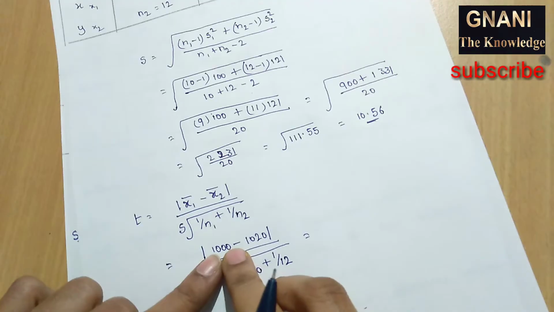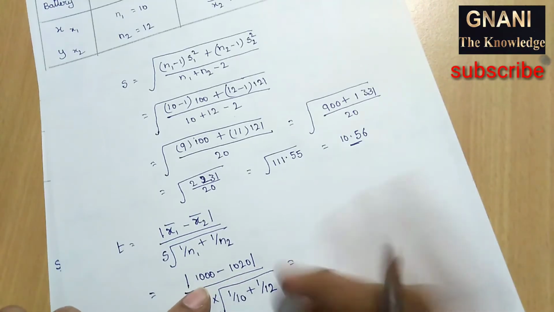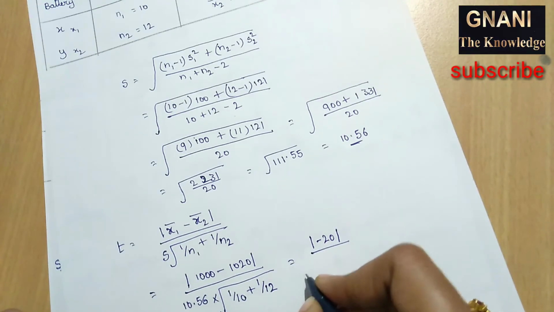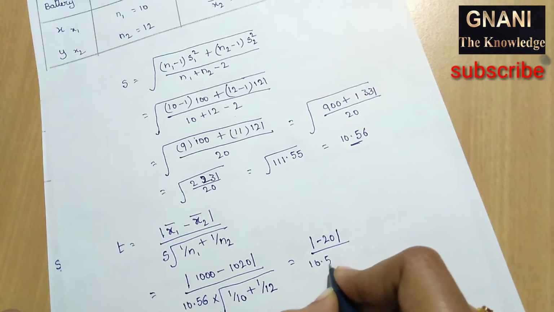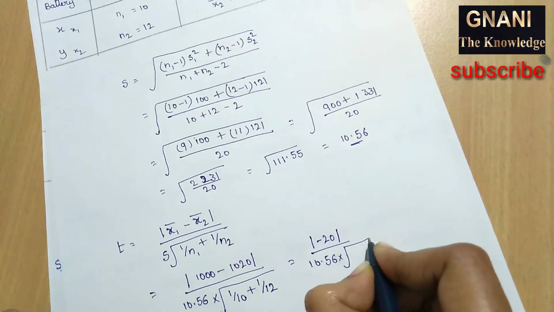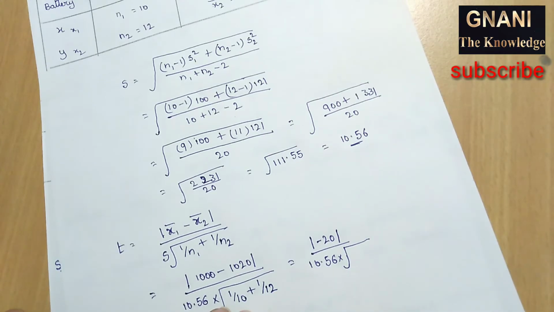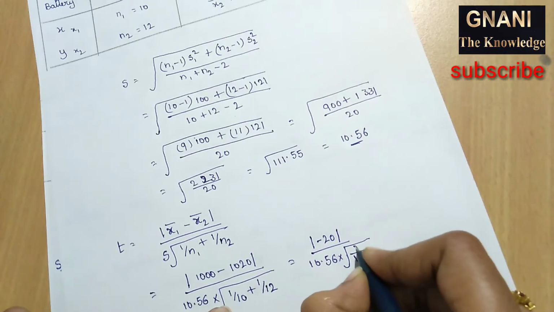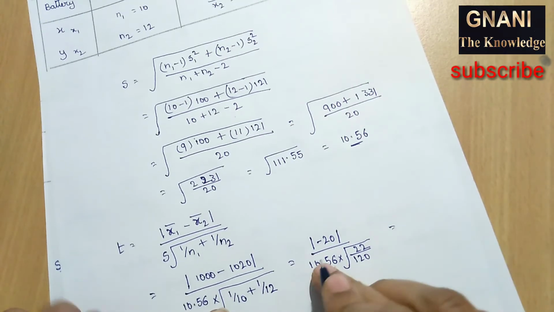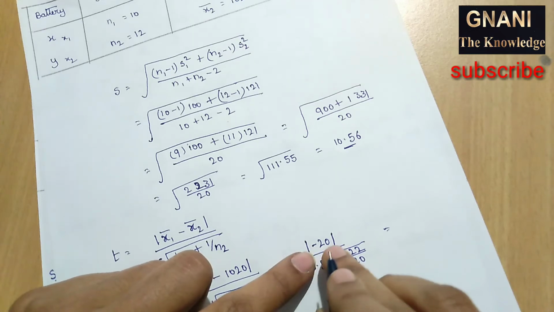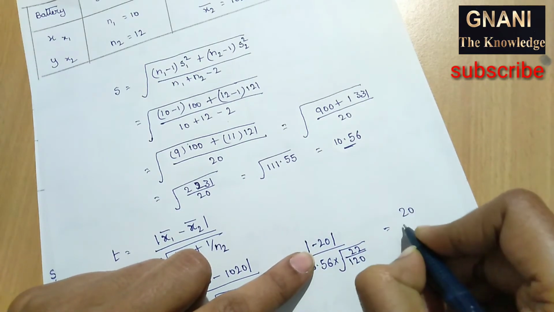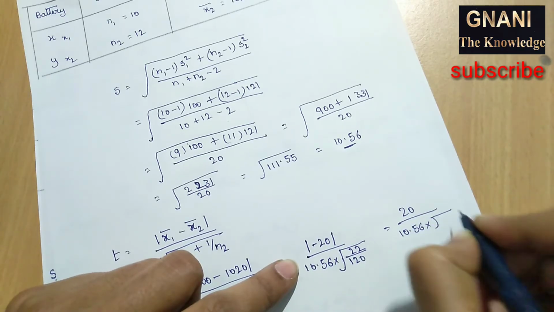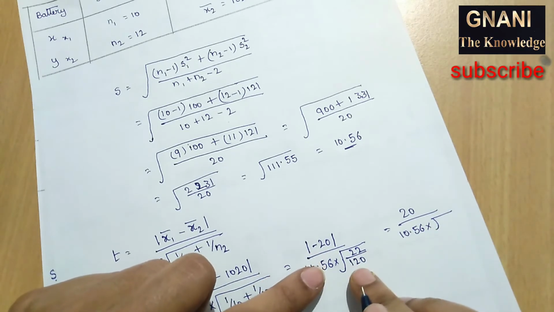Then modulus of minus 20, divided by 10.56 into square root of 22 by 120.